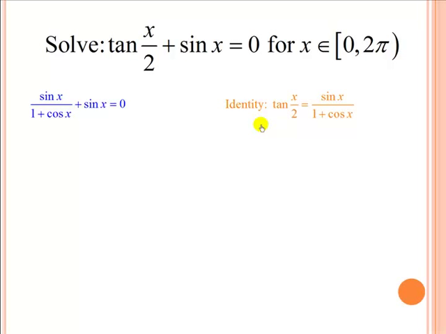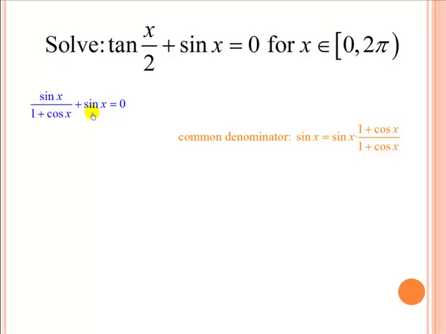So we get this equation over here. On this equation, one thing is simpler than the original formulation of the problem, and that is that we don't have any half angles. However, we have a fraction here, and we need to write down the same denominator. Having the same denominator on one side of the equation simplifies things greatly, so we're going to multiply the second term by 1 plus cosine x.